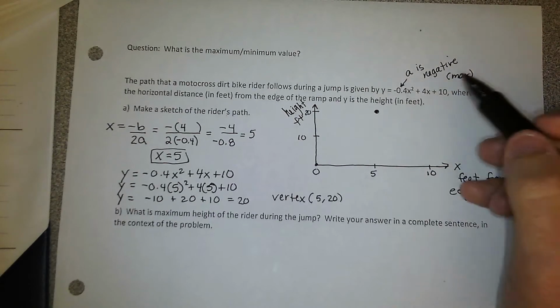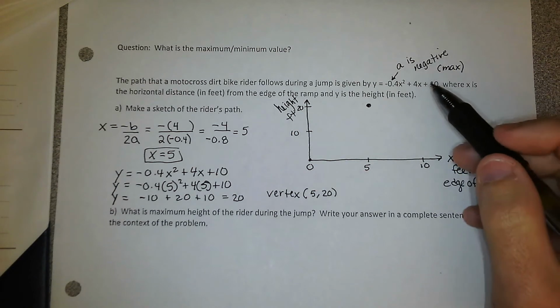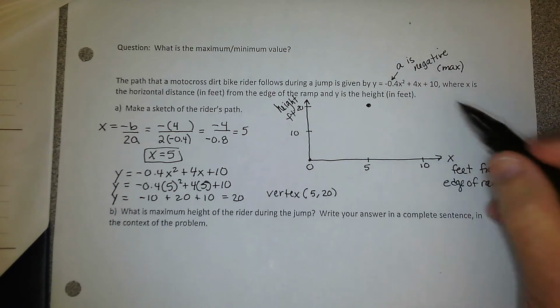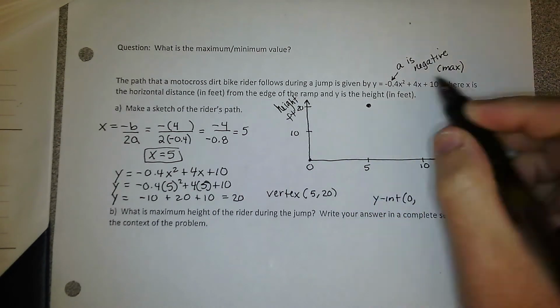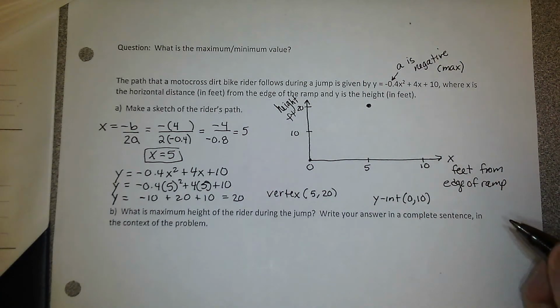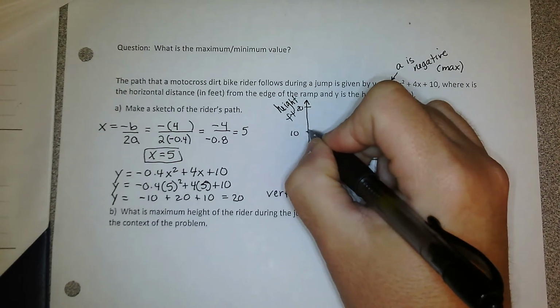So we need to plug 0 in to find our y-intercept. But remember that our y-intercept is 0, c. So our y-intercept is 0, 10. Remember, y-intercept is 0, c. So let's actually start in here.